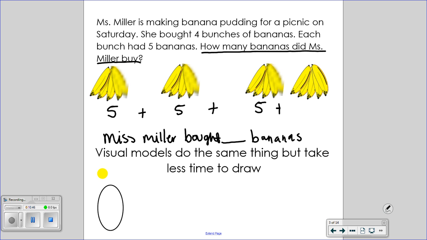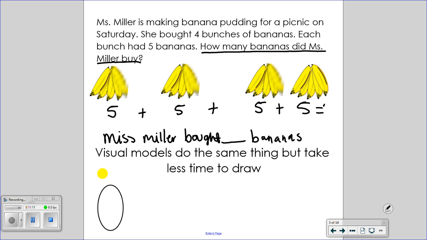Make sure you're writing an equation underneath your bananas or next to your bananas. 5 plus 5 plus 5 plus 5 equals 20.